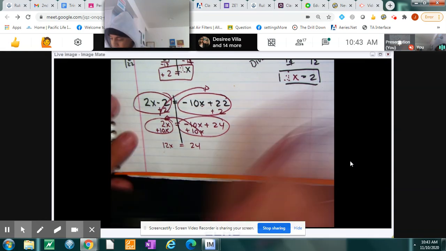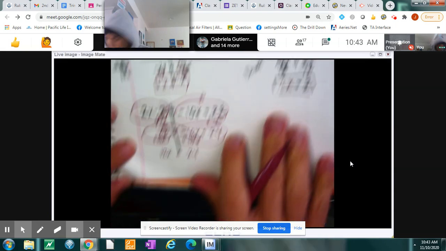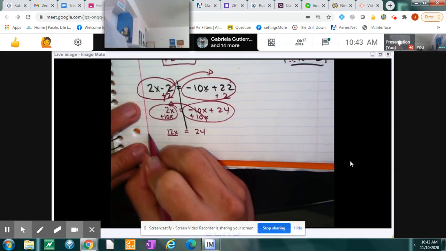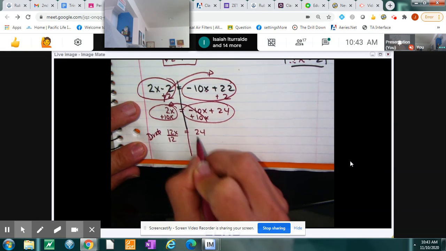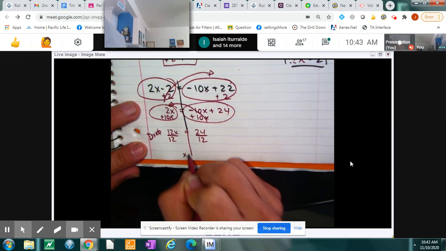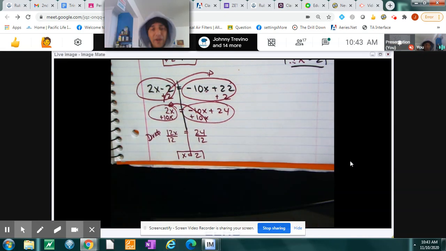You get the same thing over here. 12x equals 24. Then I'm going to divide by 12. x equals 2. So your x is equal to 2. So far, so good. It's the same thing.